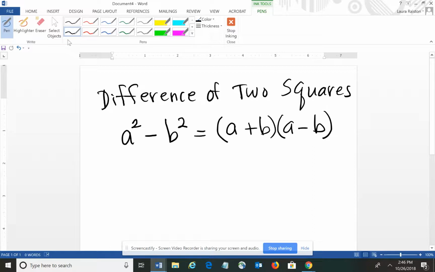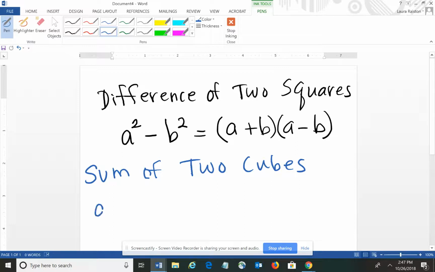There's also a pattern for what's called the sum of two cubes. We know it's a cube when we have an exponent of 3, and it's a sum if they're being added. It's a little bit different when you factor it.